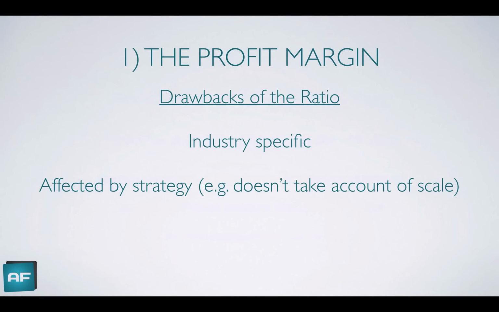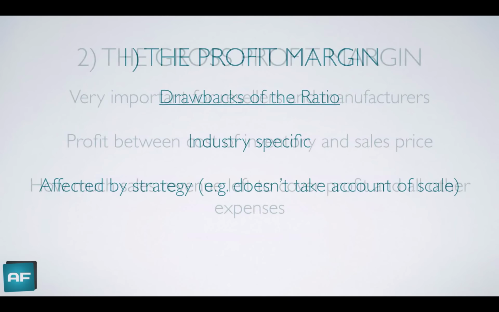An example that I've used before: would you rather have a business with a 40% profit margin on $100 revenue, or a business with a 10% profit margin on $1 billion in sales revenue? It doesn't take account for scale, and often a strategy can lead to an increase in scale, and you wouldn't always see the benefits in the profit margin.